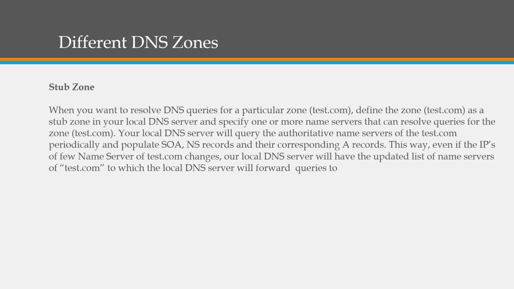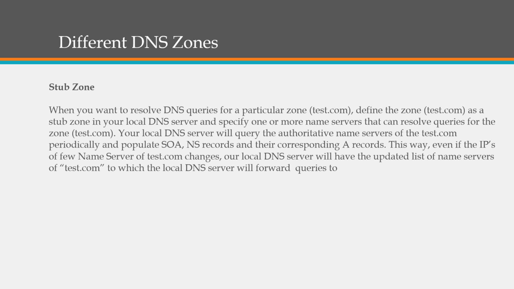So in my local DNS server, I will have a stub zone, and that stub zone will have the SOA, NS records and their corresponding A records, queried periodically and populated there.